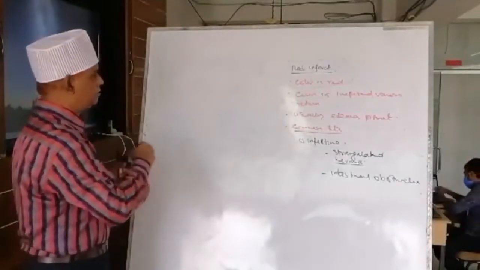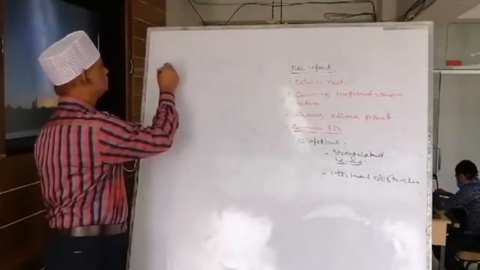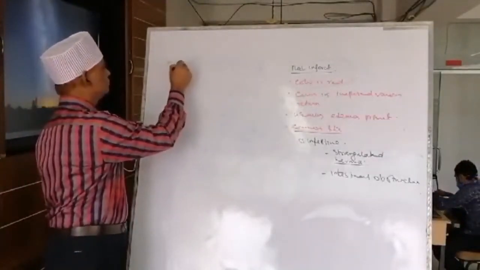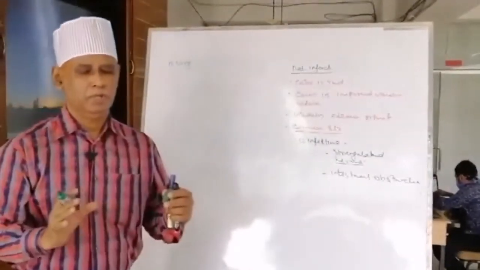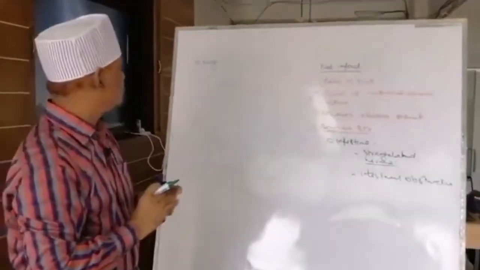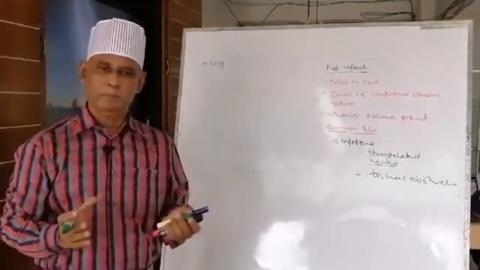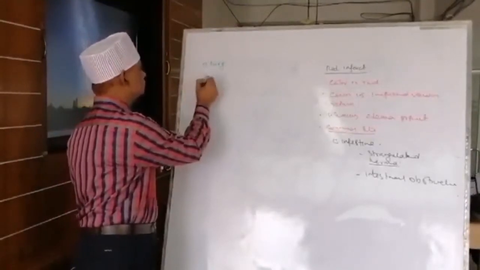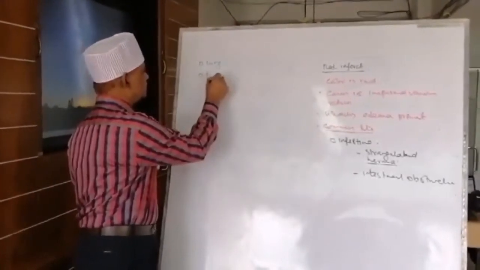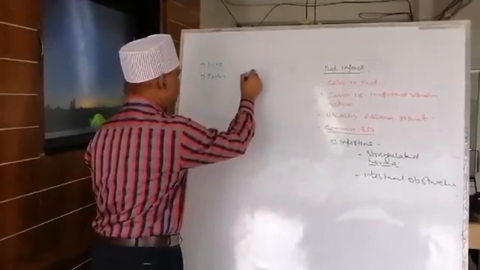Another site, lung. Dear audience, if there is infection in the lung, the infarct becomes red or hemorrhagic. Testis.